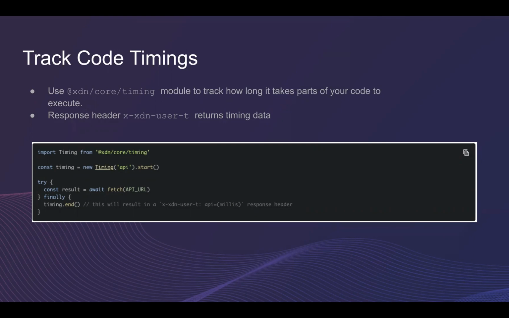The second thing to be aware of is that, as is indicated here, this data is in this XDN user T response header. That response header is documented in our developer documentation. If you want to go look at a request from the past, the XDN user T results are in the server log that we make available to folks on the enterprise tier.